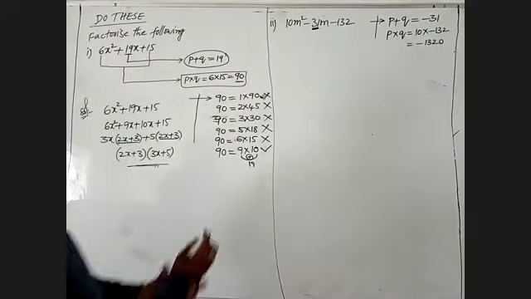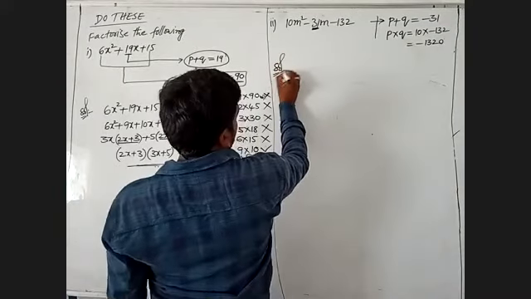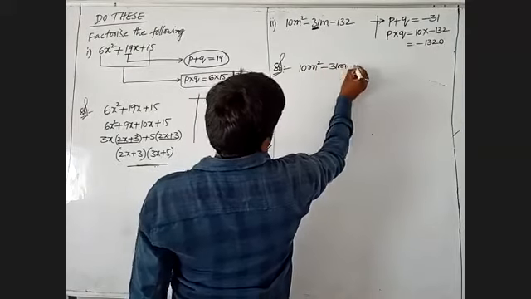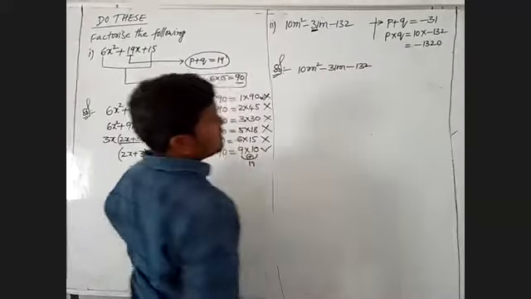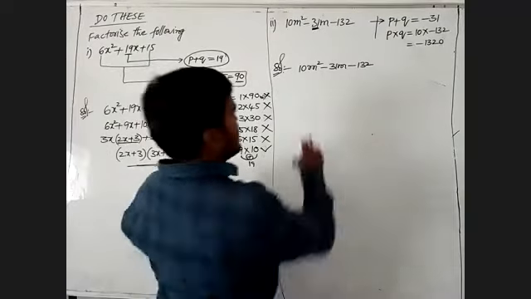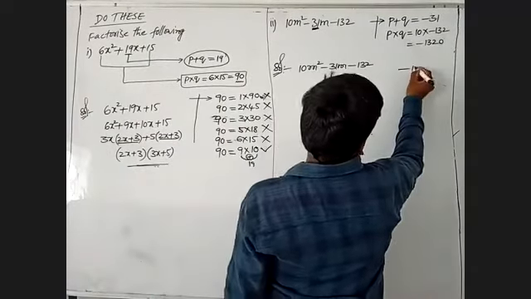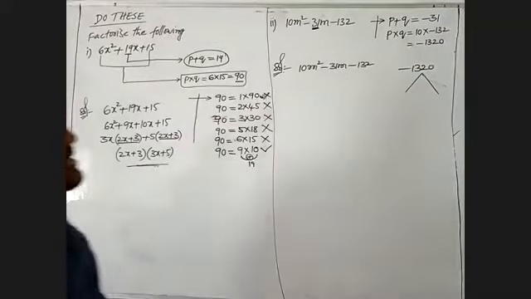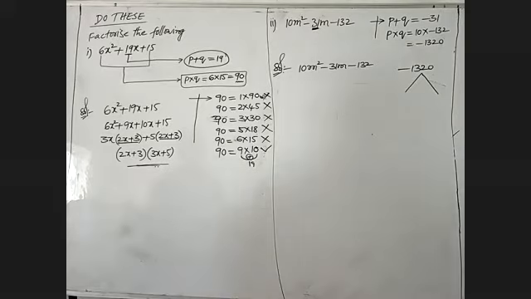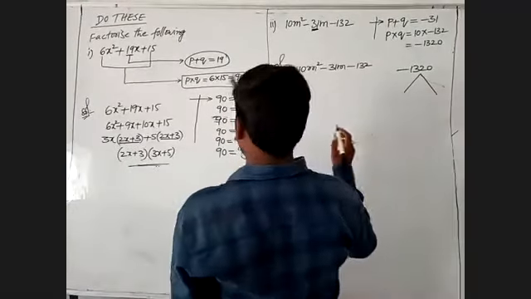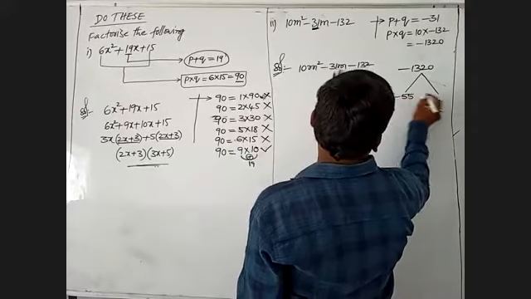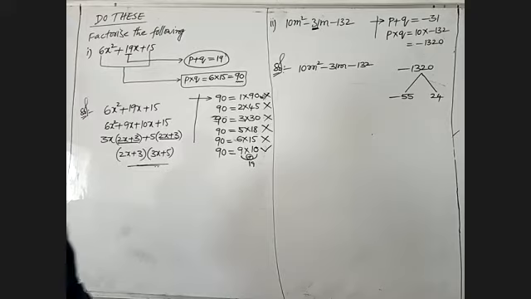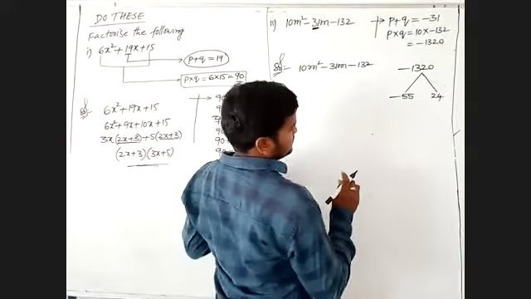ఈ ప్రోడక్ట్ నేను ఏం రాస్తాను అంటే I will write their solution 10m square minus 31m minus 132. First I will write their product. 10 into minus 132 is minus 1320. But we have to take minus 55 and plus 24.